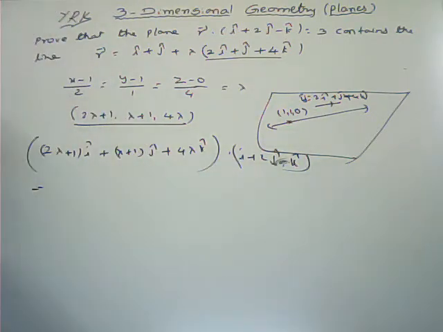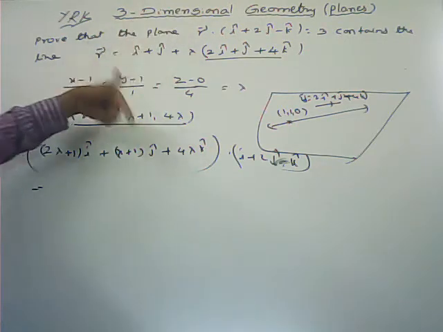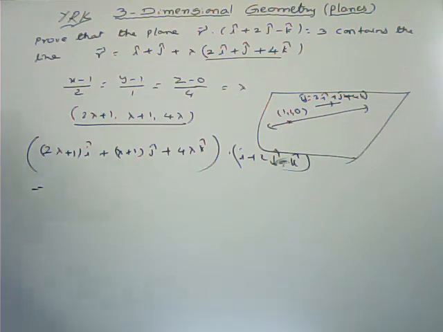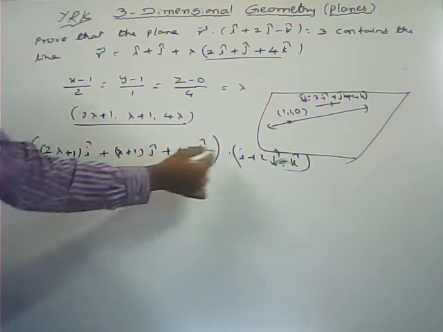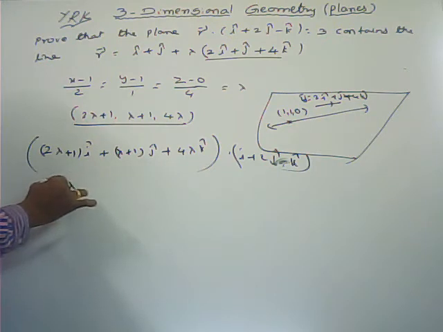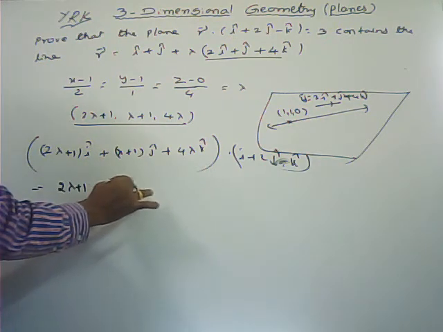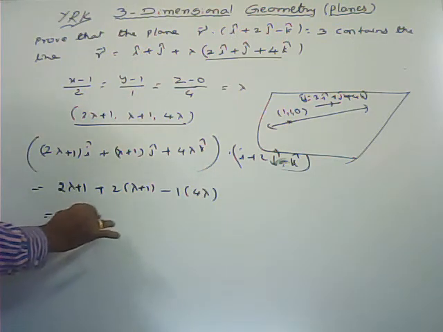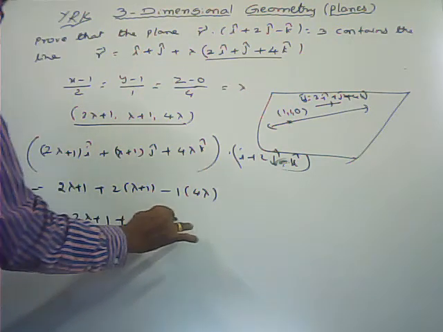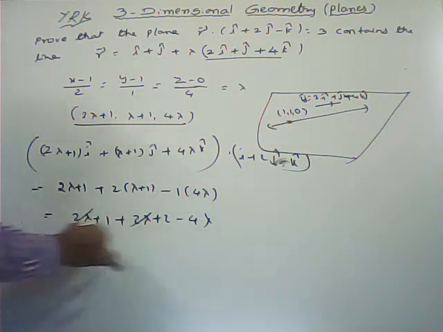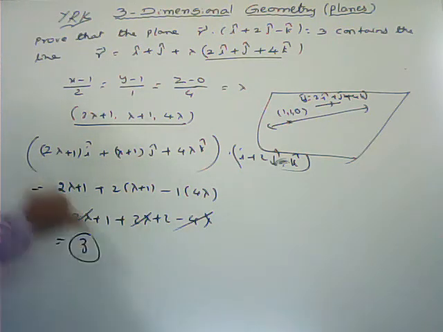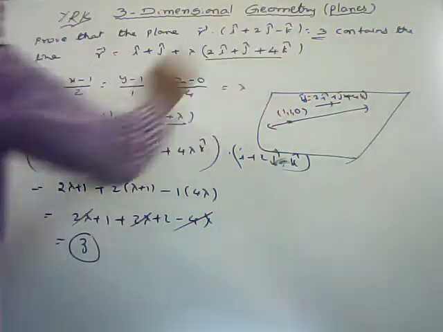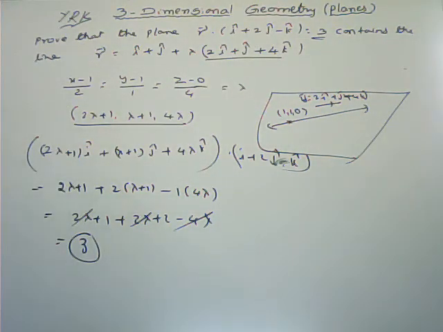So 1 into (2 lambda plus 1) plus 2 into (lambda plus 1) minus 1 into 4 lambda equals 2 lambda plus 1 plus 2 lambda plus 2 minus 4 lambda, and the lambda terms cancel, giving 3. We are getting 3 only, so every point on this line lies on the plane.